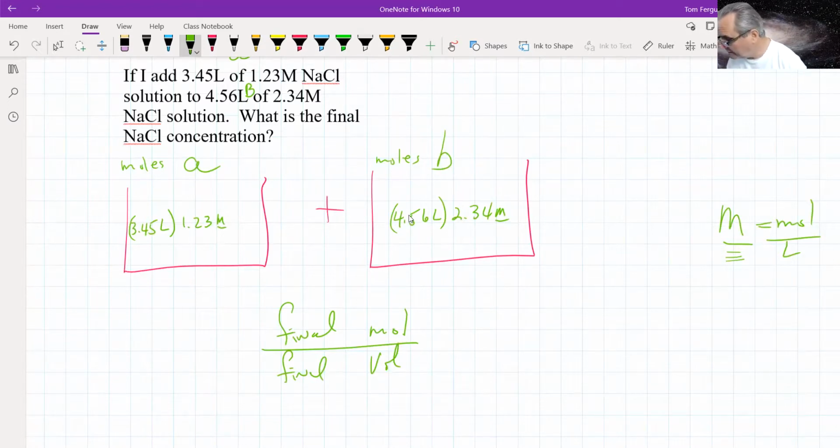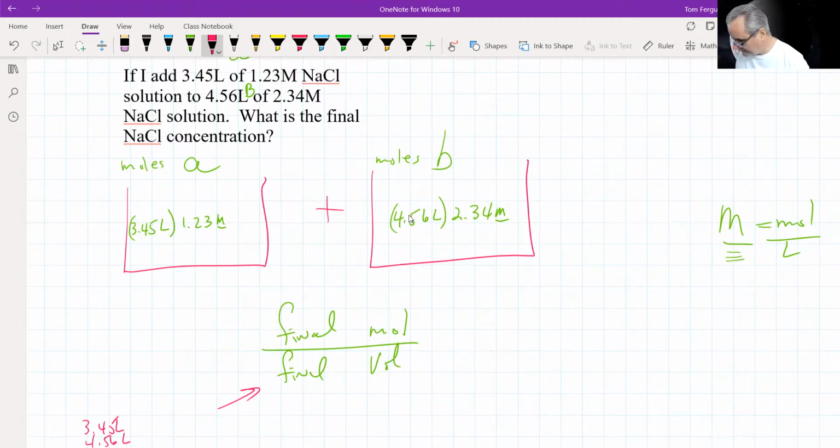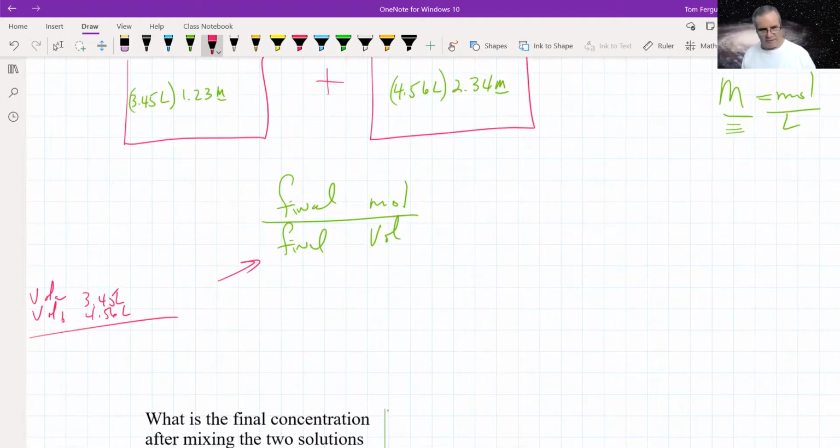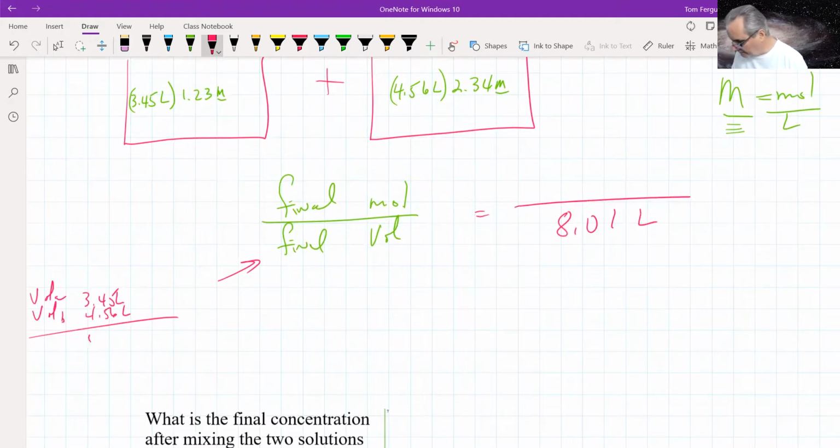Final volume is we have 3.45 liters plus 4.56 liters. This would be volume of A, volume of B. So looking at the final volume.